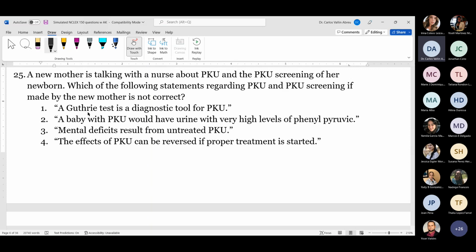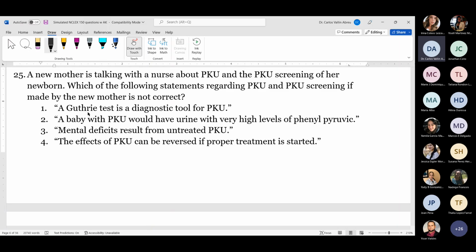For example, you need to know that deafness, not being able to hear, is a routine screen in all newborns. You need to know that hypothyroidism, congenital hypothyroidism, is a routine screen in all the newborns.